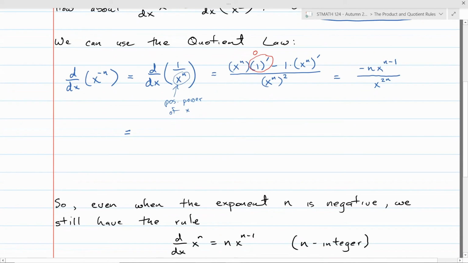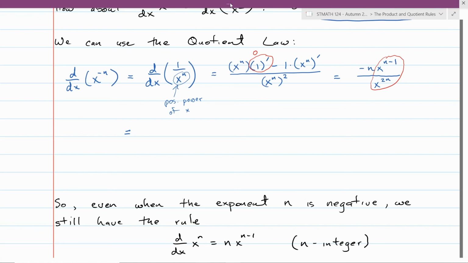And you may remember the rule that says when you've got something like a to the p over a to the q, you can write that as a to the p minus q. So whenever you're dividing terms that have the same base, you can subtract the exponents. So I'm going to do that here because that's what I have going on with this fraction right here. I've got 2 powers of x.